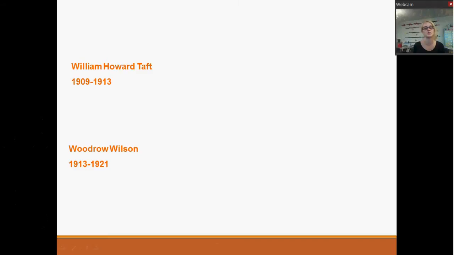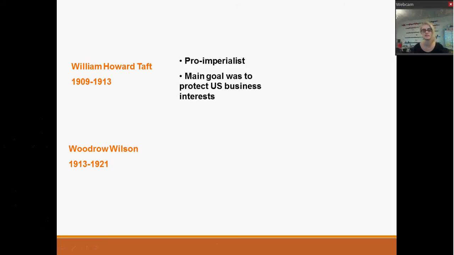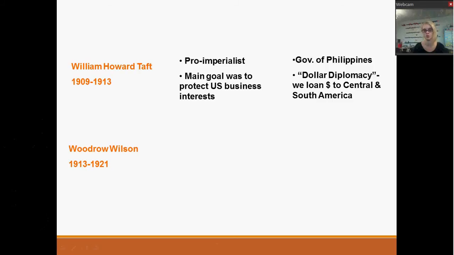The last two guys that we have here are William Howard Taft and Woodrow Wilson. William Howard Taft is different. He is a pro-imperialist, but he actually served as governor in the Philippines after the Spanish-American War. So he knows what it's really like in a lot of these places that we're taking control of. Even though he's pro-imperialist, he doesn't really want to get involved militarily. He believes that the main goal of the United States is to protect our business interests around the world. So he comes up with this idea called dollar diplomacy, okay?